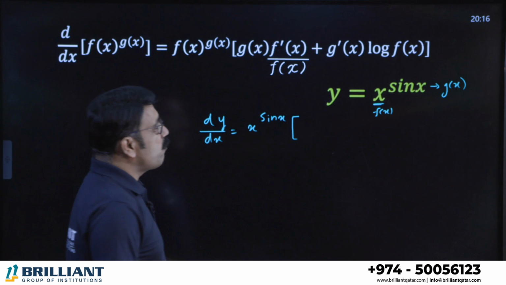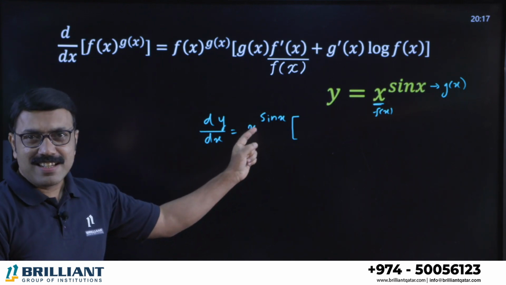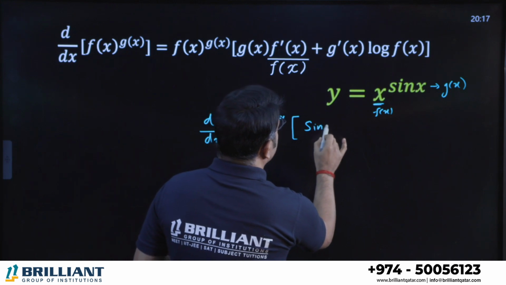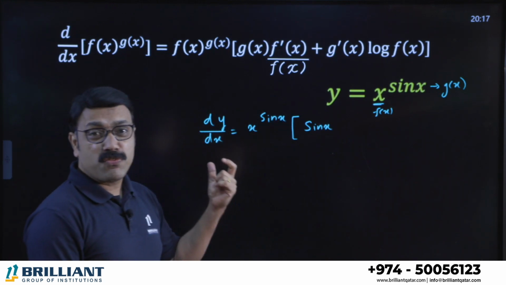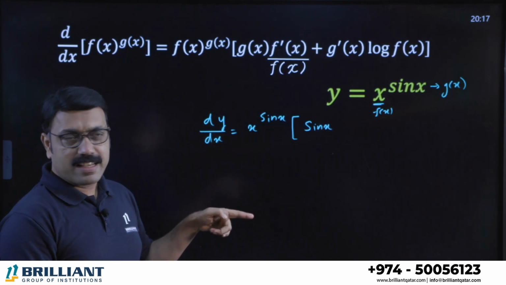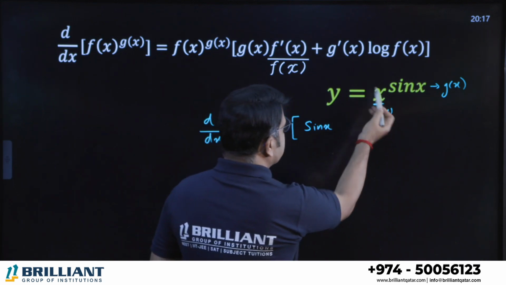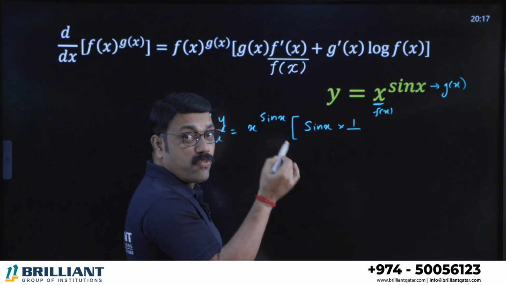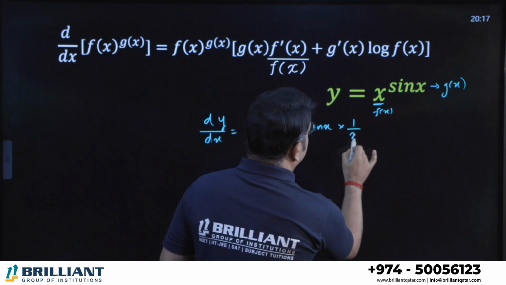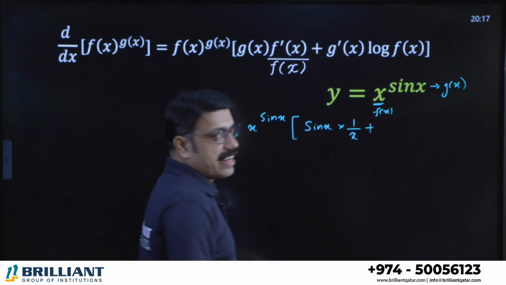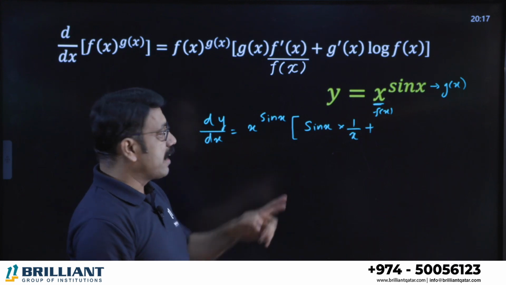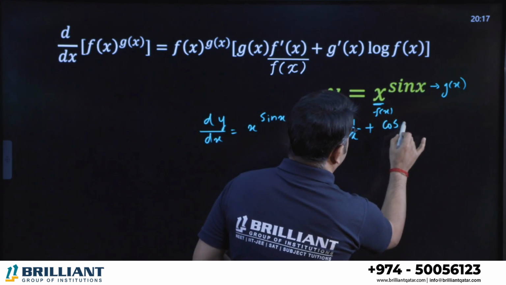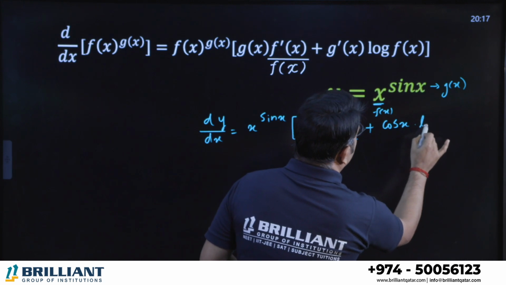into g of x first. g of x means here sin x, into derivative of f of x. Derivative of f of x means f dash x. f dash x means x derivative is 1, divided by f of x, f of x considered here x, plus g dash x, derivative of the second function here, sin x derivative, that is cos x, into log of f of x.